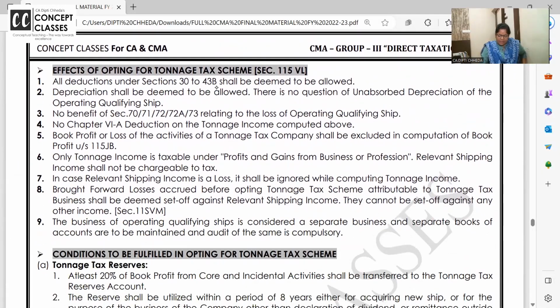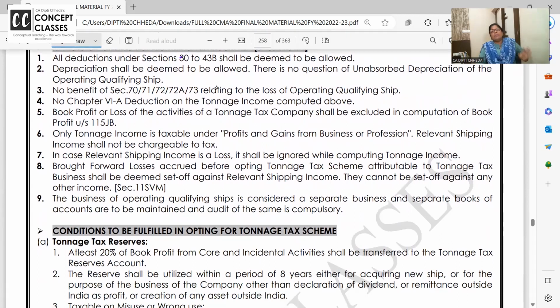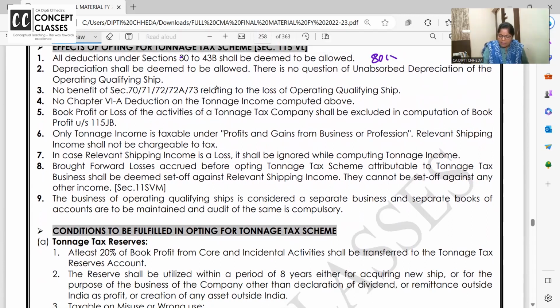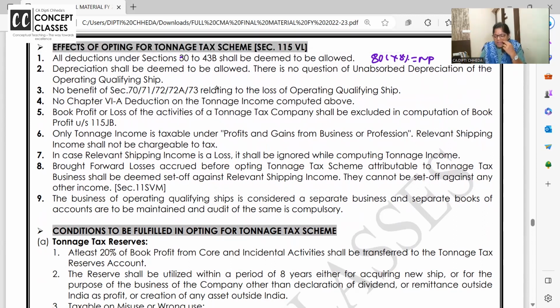Yes, this I think I already finished or no. Effect of the tonnage tax, because you are going for presumptive taxation. 80 lakhs के टर्नओवर में आप 8% नेट प्रॉफिट बता दो, कोई बुक्स मेंटेन नहीं करनी है, 92% में all your expenditure is deemed to be allowed. Same, all the concepts are applicable here.